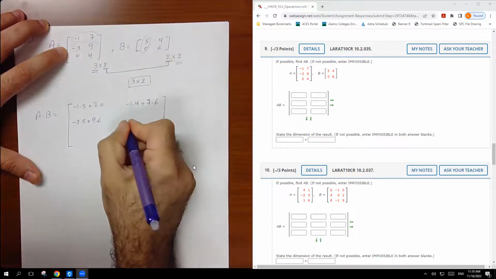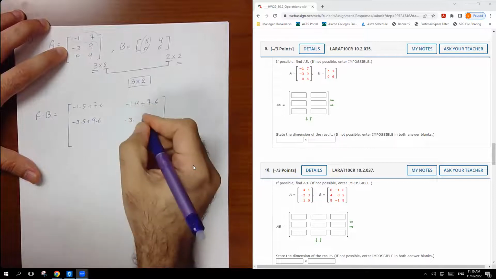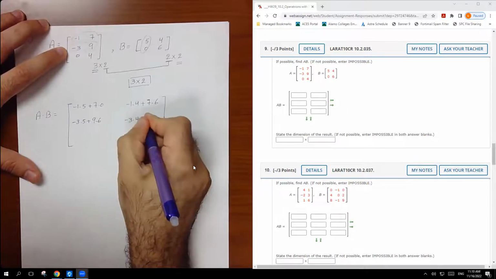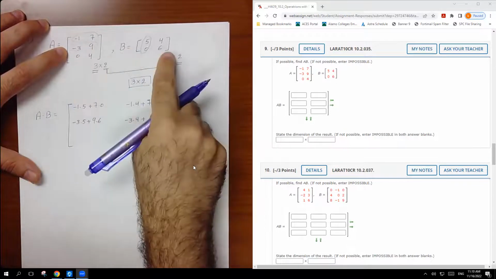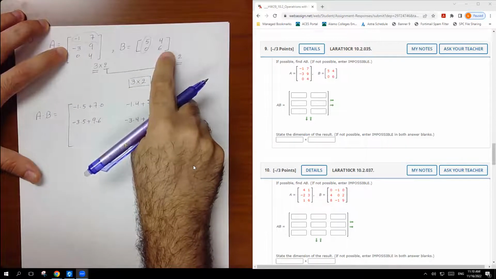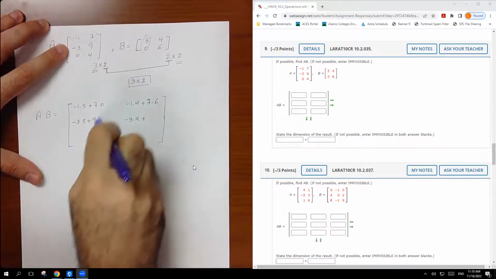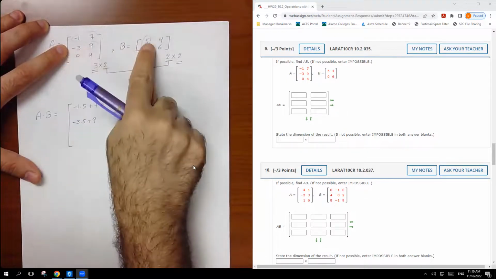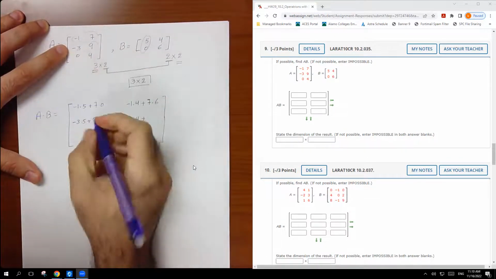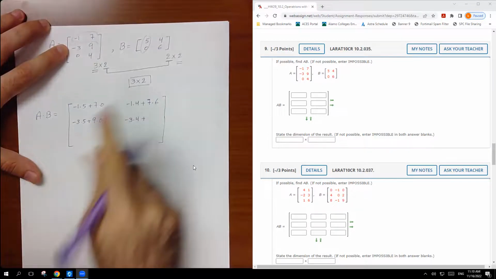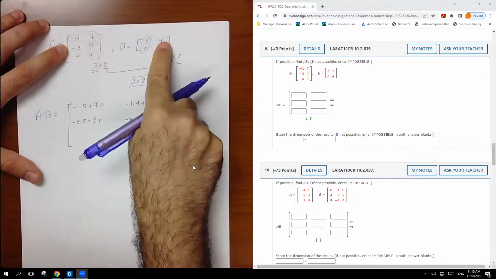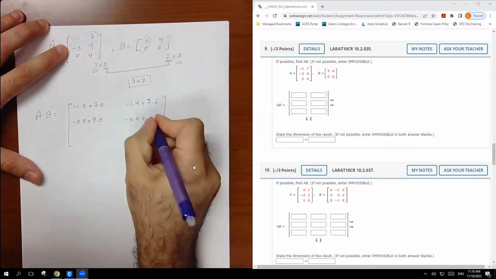So it's going to be -3 times 4 plus 9 times 6.